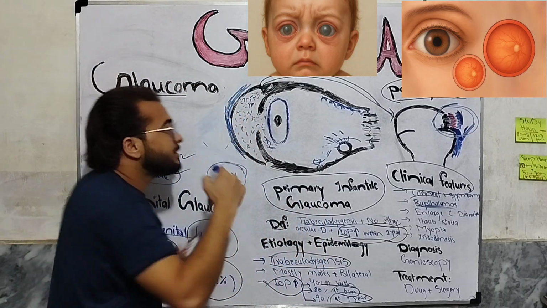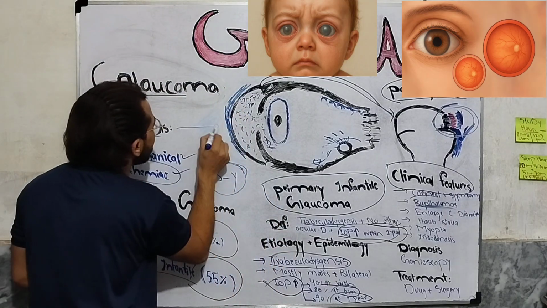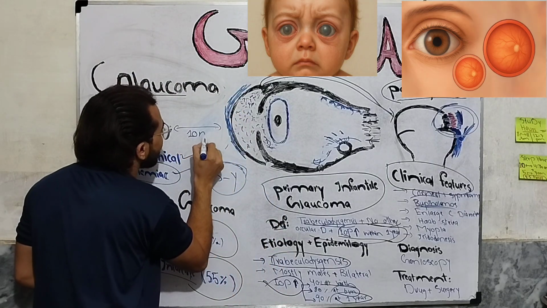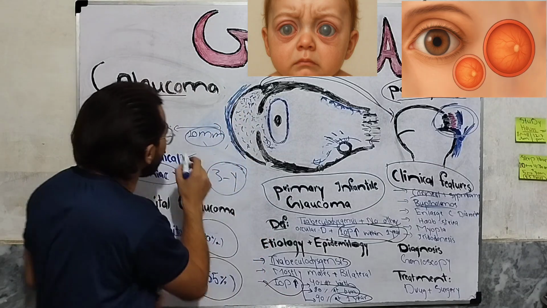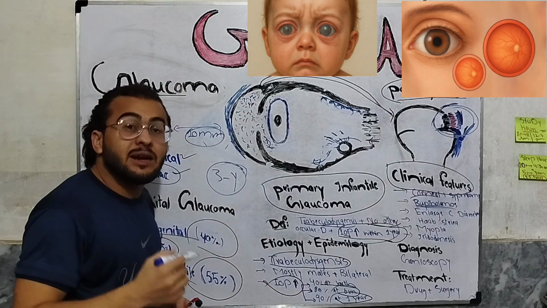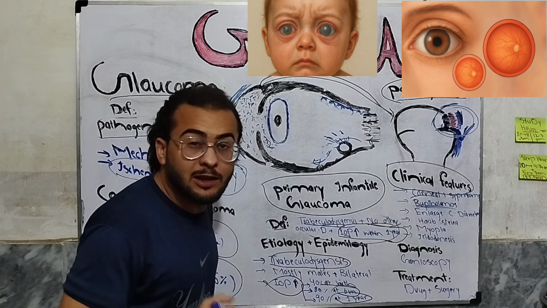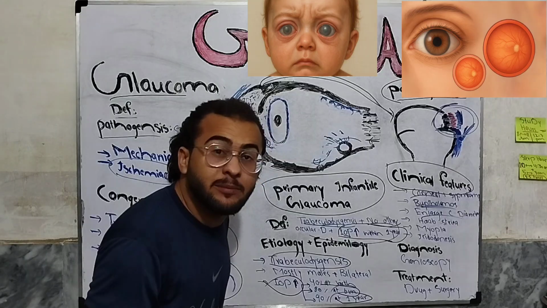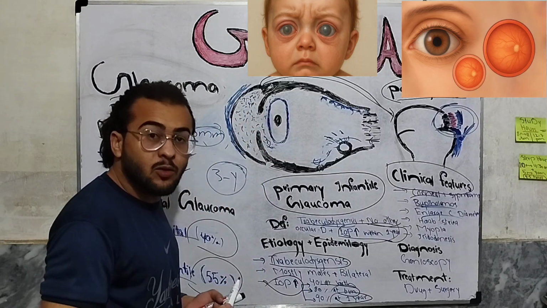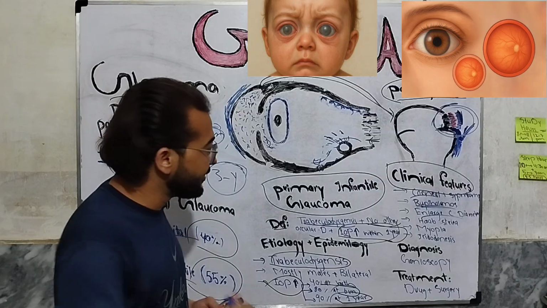So when the corneal diameter increases beyond 10 millimeters, it is suspicious for primary infantile glaucoma. So we will have buphthalmos and an enlarged horizontal corneal diameter of more than 10 millimeters.